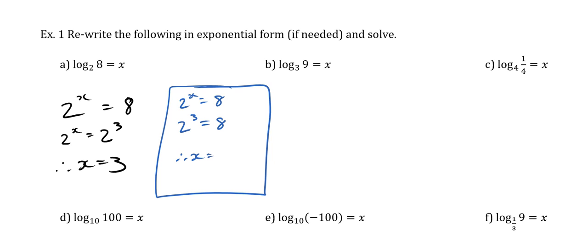Therefore, x equals 3. That's not as nice because it doesn't flow, and it might be clearly communicated and everybody understands it, but when they start to get harder, you can't solve them this way, so it's not good enough. So don't do it this way.